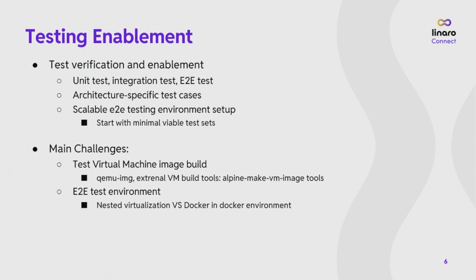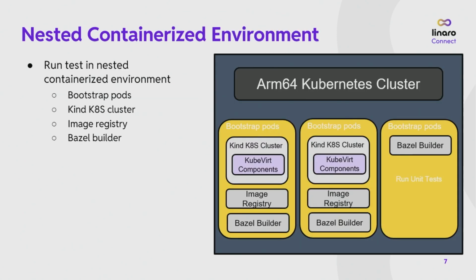However, on ARM64, we do not support nested virtualization. We have to find another way to isolate the test environment, so that we can run the E2E tests in parallel on a bare metal server. And finally, we chose the Docker in Docker environment.